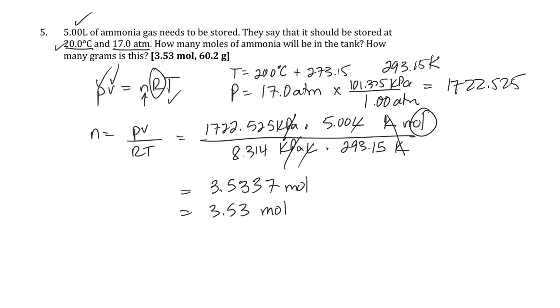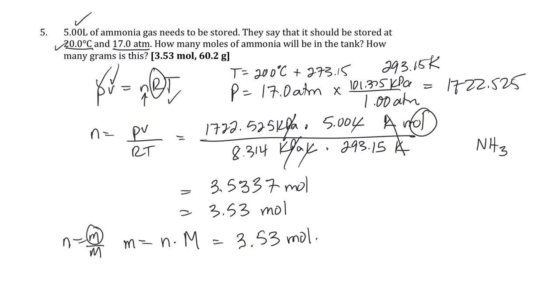Now to convert that to grams, moles are equal to mass over molar mass. If I'm looking for mass, that's equal to moles times molar mass. The moles we just figured out are 3.53 moles, and I have to multiply by the molar mass of ammonia.